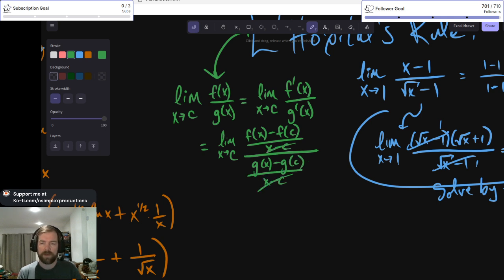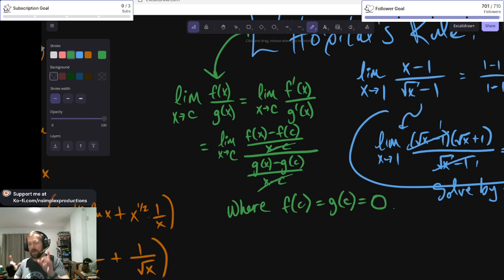These two, x minus c, end up going away. And where f of c equals g at c equals 0, we end up with identical values. Those drop out, and we get the exact same thing left and right, which I'll write now.